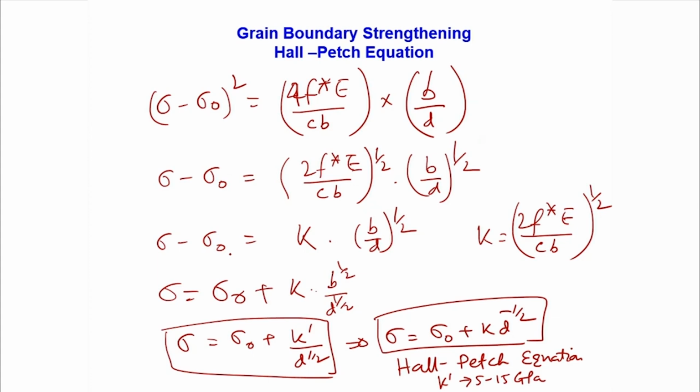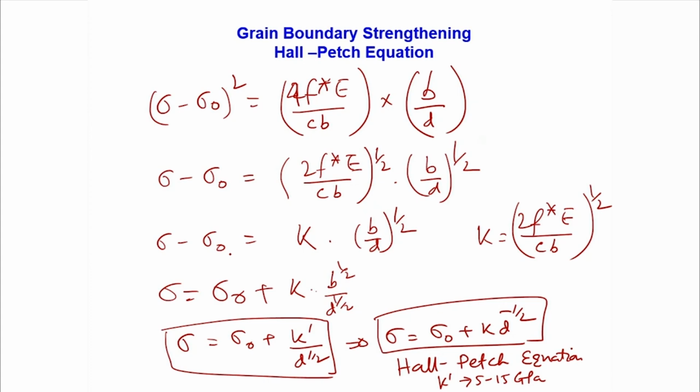Remember this word. Mostly the Hall-Petch equation is derived because of grain boundary strengthening. The grain boundary acts as an obstacle for the motion of dislocations, and that's why it provides the strengthening. Now the question is, below a critical grain size, instead of strengthening, you have a decrease of strength, or rather grain boundaries act to decrease strength.